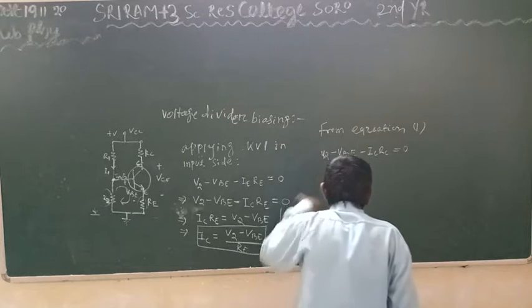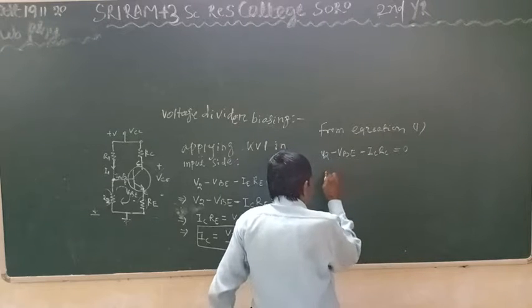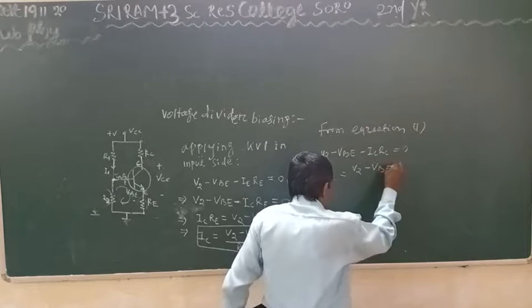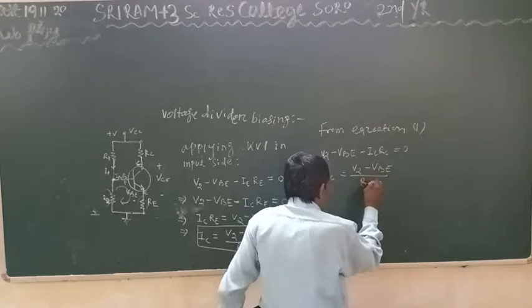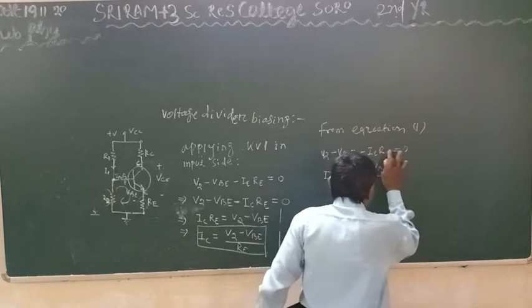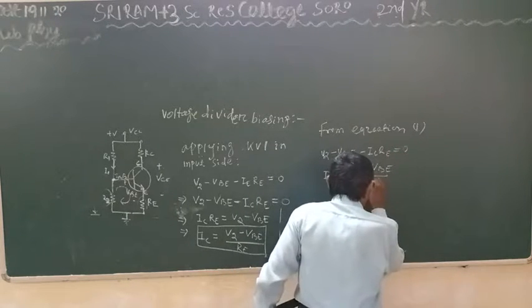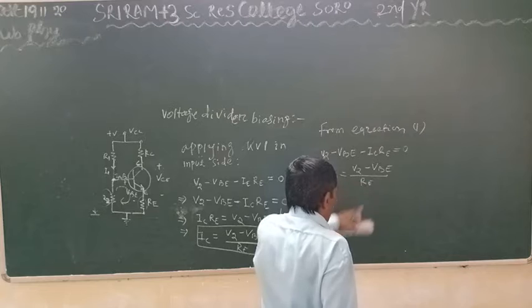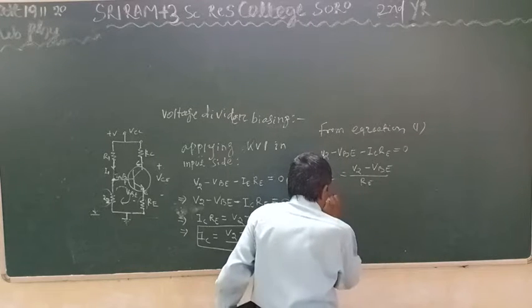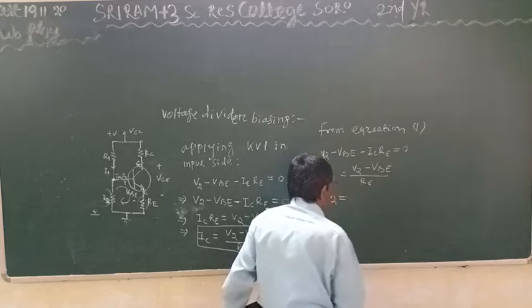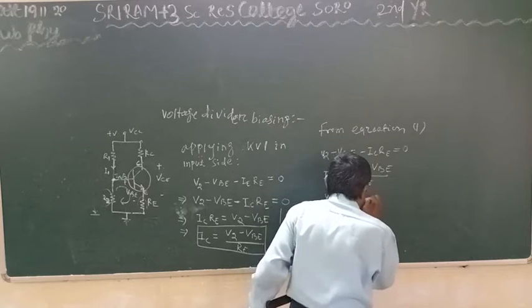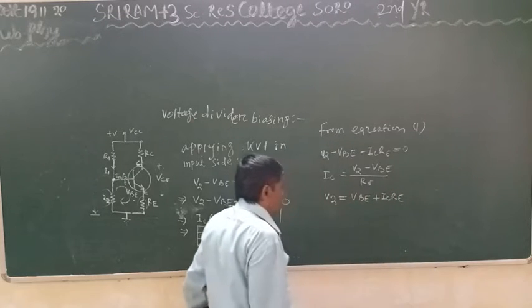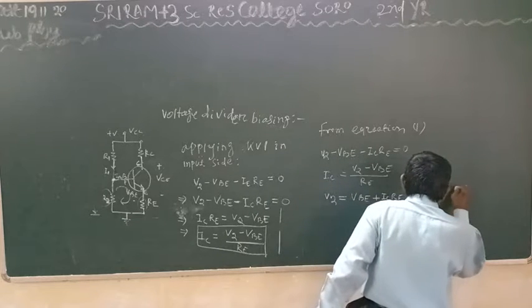So from this equation we get IC equal to V2 minus VBE divided by RE. Now V2 equal to VBE plus ICRE. Now this is equation number 2.